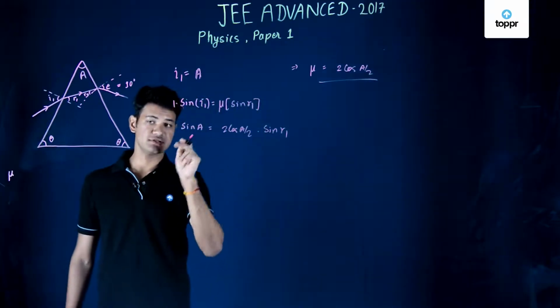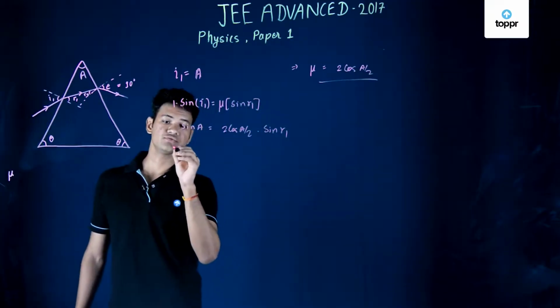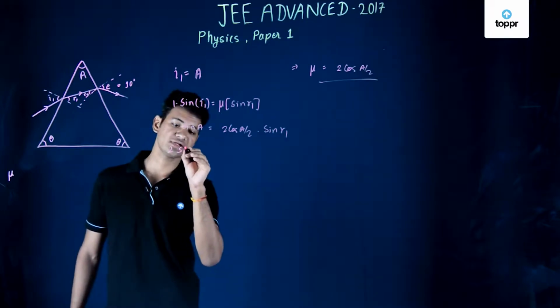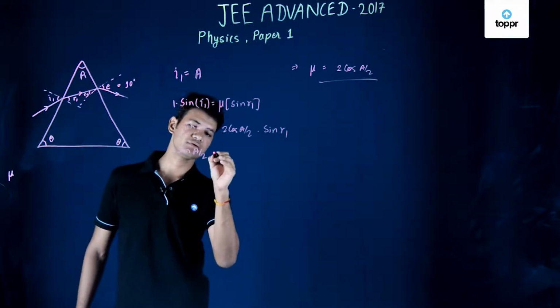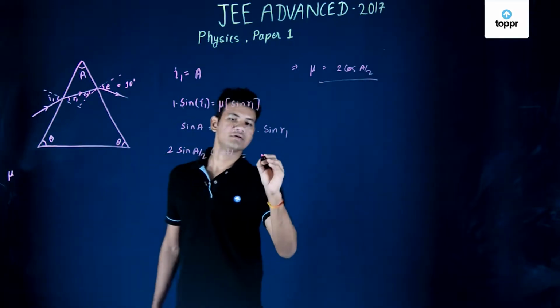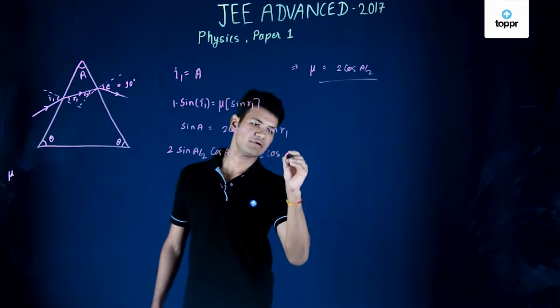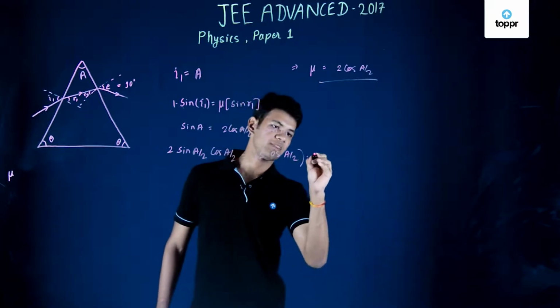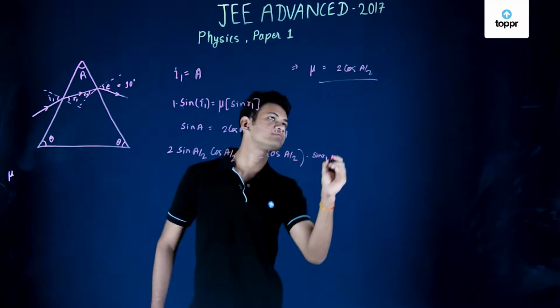Solving it further, splitting this using the trigonometric identity, sine of A is equal to 2 times sine of A by 2 cos of A by 2. So that equals 2 times cos of A by 2 sine R1.